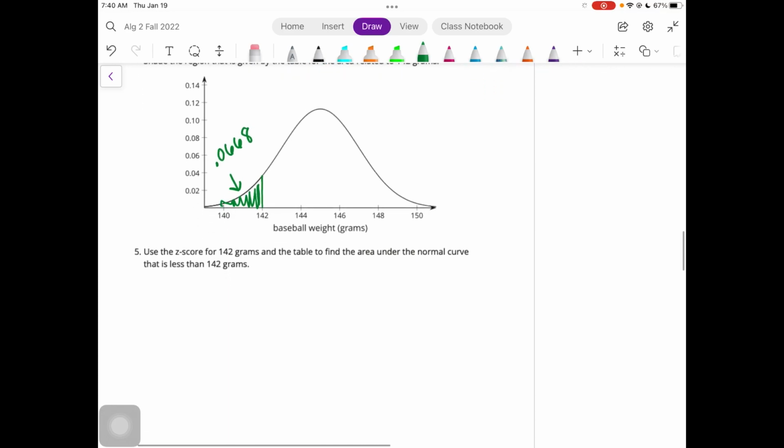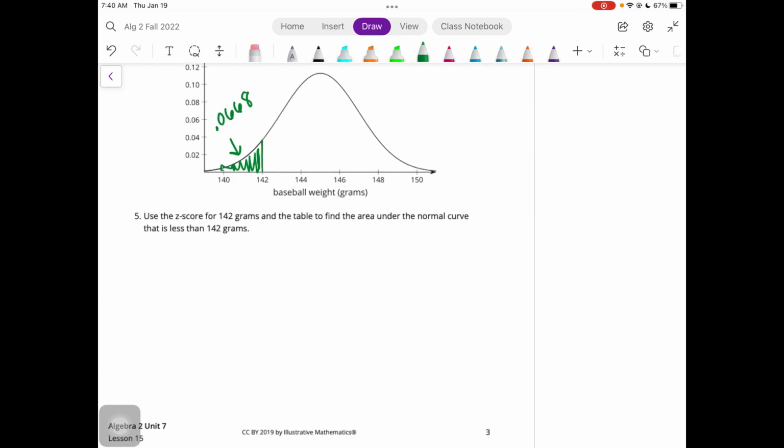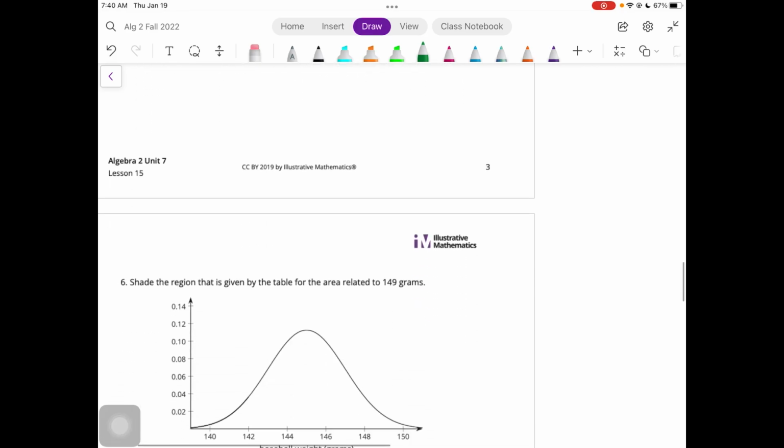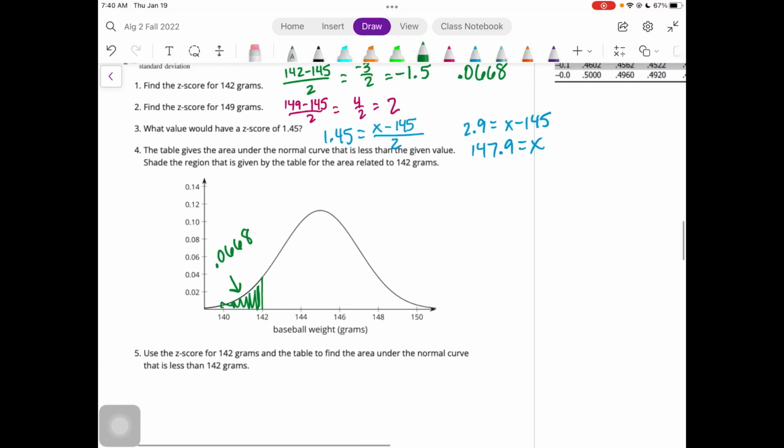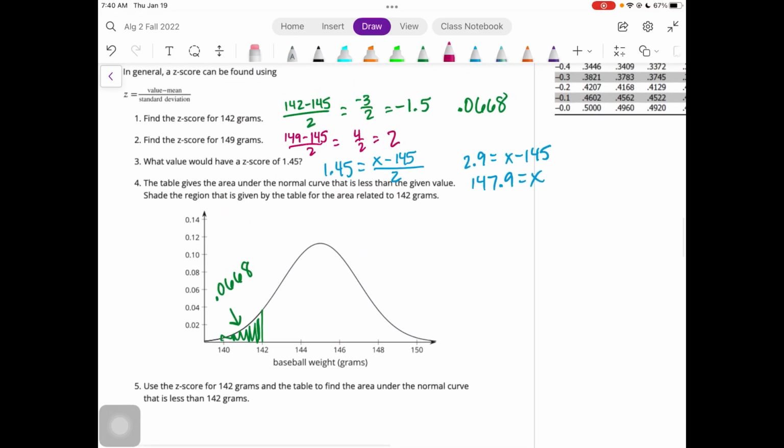Number 5, use the z-score for 142 grams and the table to find the area under the normal curve that is less than 142, which we already found. Number 6, shade the region that is given by the table for the area related to 149 grams. And we used pink for that.